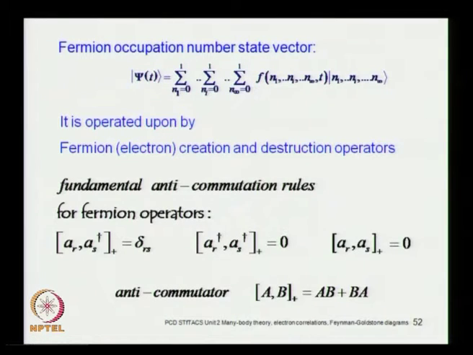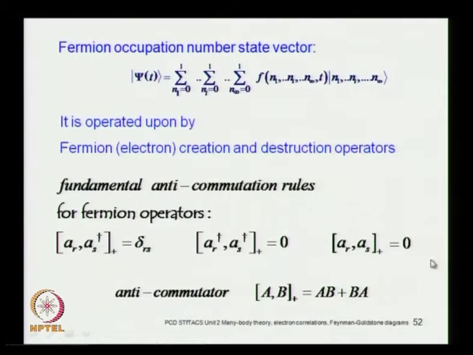And the fundamental properties of the fermion particles are contained in what are known as creation and destruction operators. A is the destruction operator, A dagger is the creation operator, and the statistics is completely defined by these operators. These are what are known as fundamental anti-commutation rules.